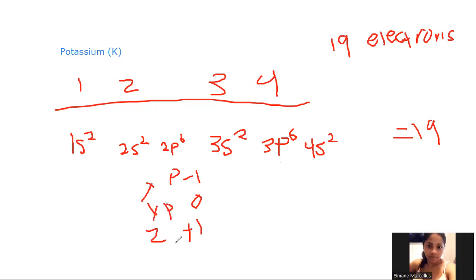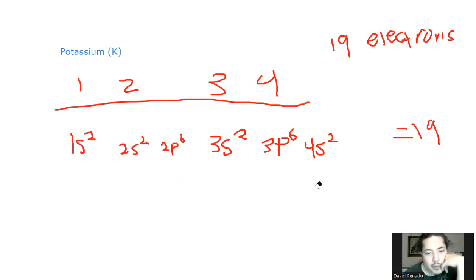So those break up into 3 p's, which carry 2 electrons each. So there you go. This would equal 19. You did great. Don't erase yet. Let me see.